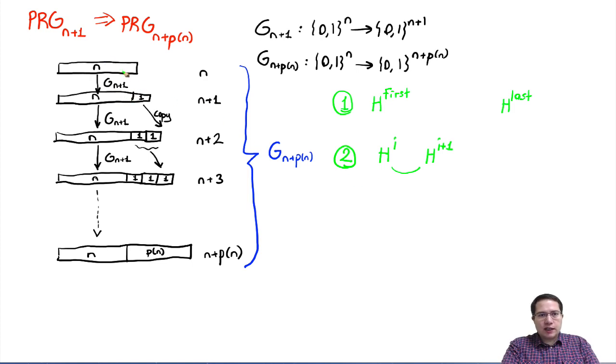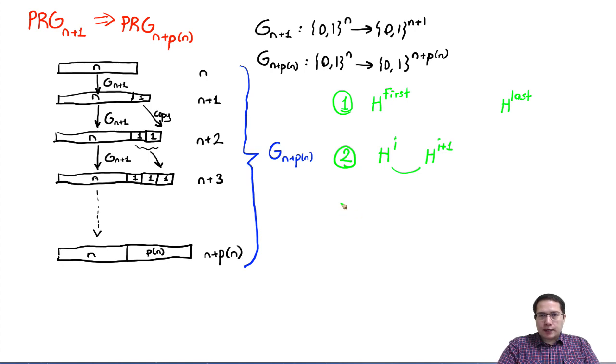So here we have Gn plus 1 repeated multiple times within Gn plus Pn. Essentially, we will define our hybrids such that the only difference between two neighboring hybrids would be something related to Gn plus 1. This is our underlying assumption. So if the adversary can distinguish between one of these, we will show that we can break Gn plus 1.